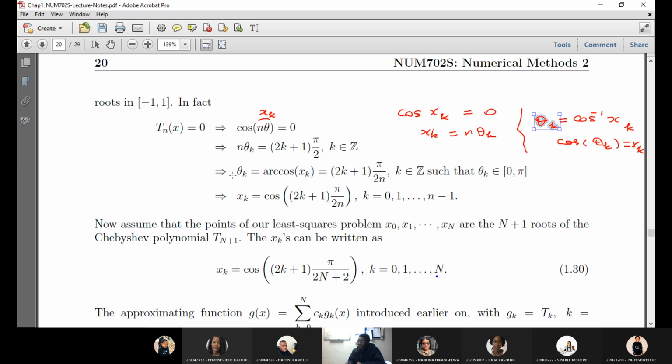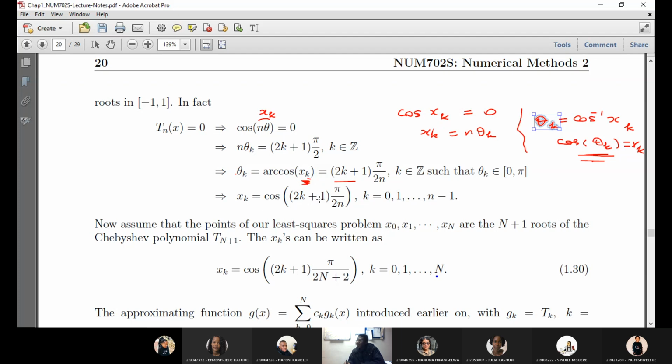Right, so I need to apply cosine on both sides to get my xk, right? So if I apply cosine here and there, I get xk is cosine of this value, which is my theta k, right? So it will be cosine of this.